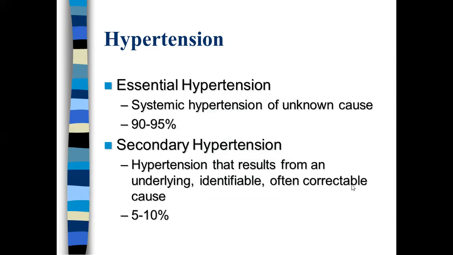So the importance of secondary hypertension is that when you discover a secondary cause of hypertension in your patient, you can cure the patient. The treatment is curative. But in essential hypertension or primary hypertension, the patient should have lifelong treatment, and it is not curable.